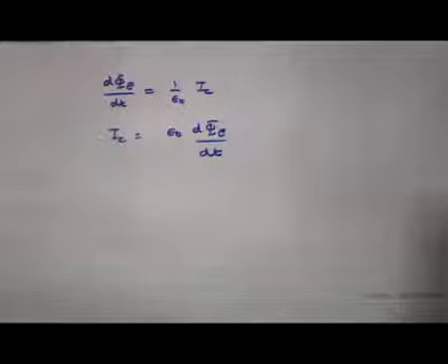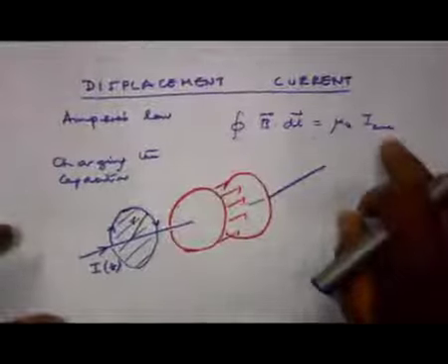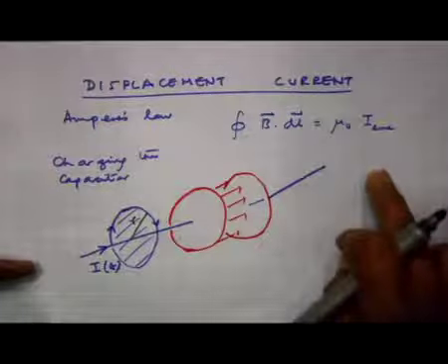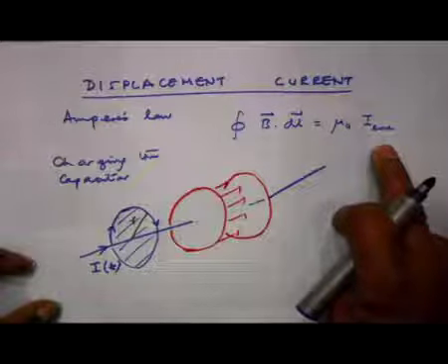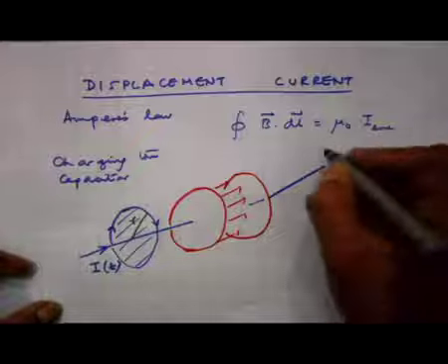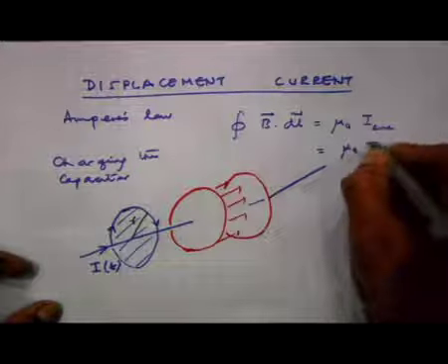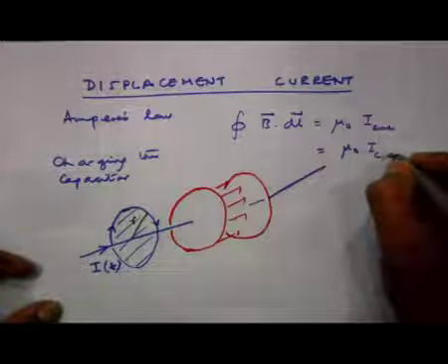Okay. So, if I, for example, modify Ampere's law. So, this was Ampere's law. Whenever I have been discussing Ampere's law, the current enclosed is nothing but conduction current enclosed. So, I can write this as mu 0 times conduction current enclosed.